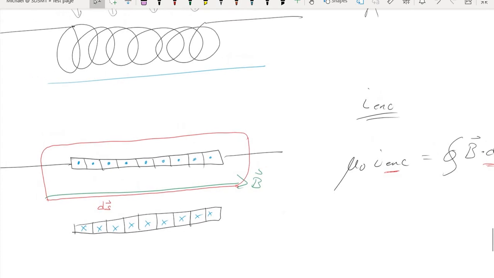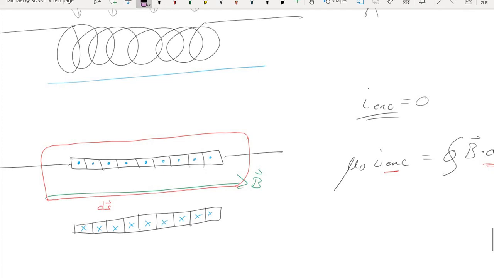And I wouldn't want to, even if I could. Because if I did that, I would end up with a net enclosed current that would be equal to 0. The reason for that is because I would have the same number of currents coming out of the page as what I have going into the page.